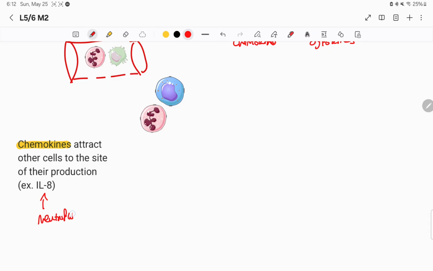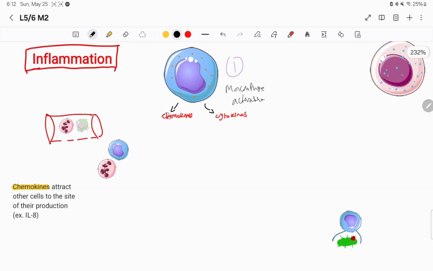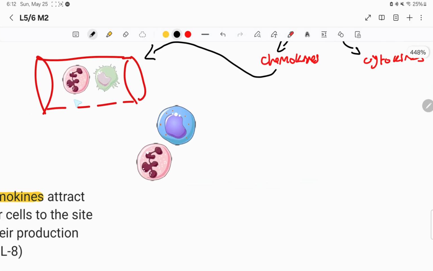But nonetheless, this guy will secrete chemokines, which tell these immune cells in the blood to come outside of the bloodstream and into the tissue. The neutrophils will come out, and the monocytes will come out, and you guys know the monocytes will turn into macrophages when they come into the tissue from the circulation.